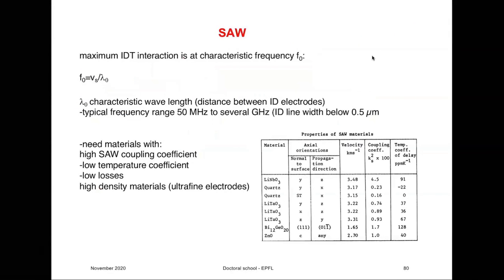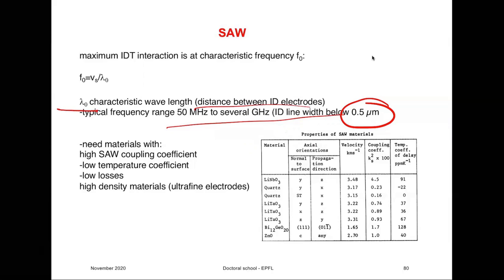The wavelength is defined by the distance between the interdigital electrodes, and this can work up to gigahertz frequencies, which require line width of interdigital electrodes to be comparable to 1 micron or even less.